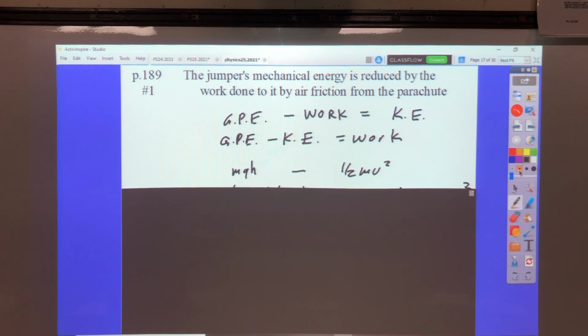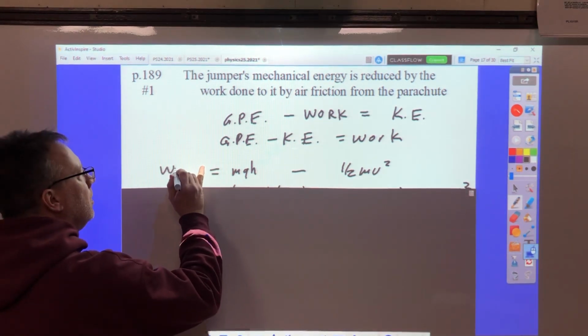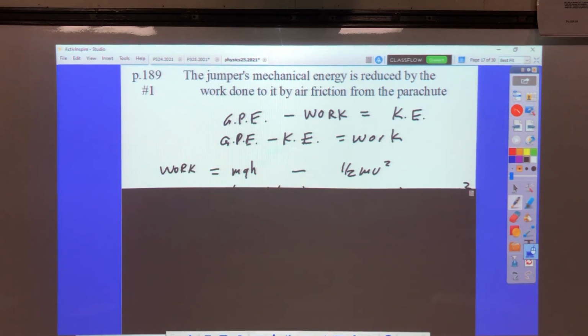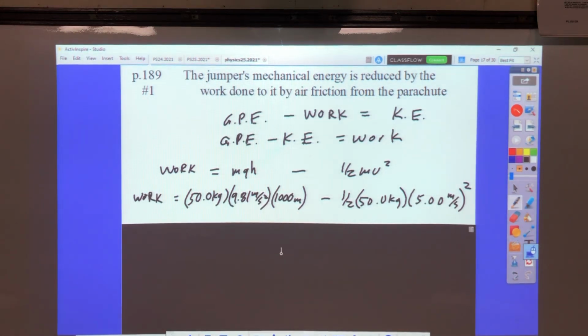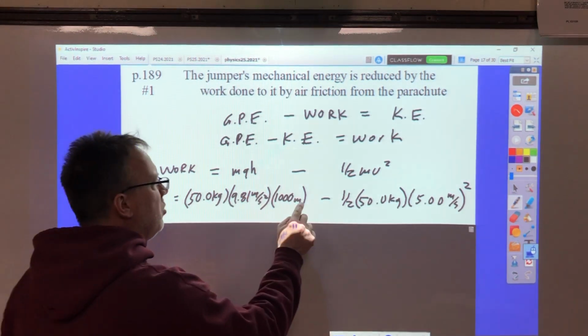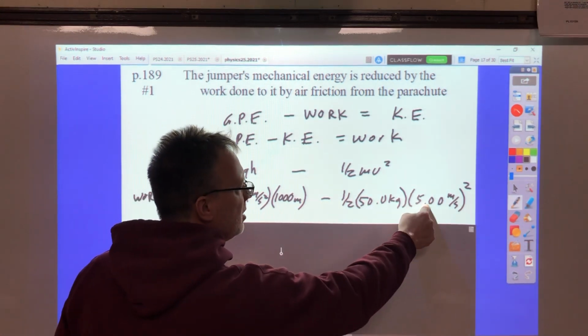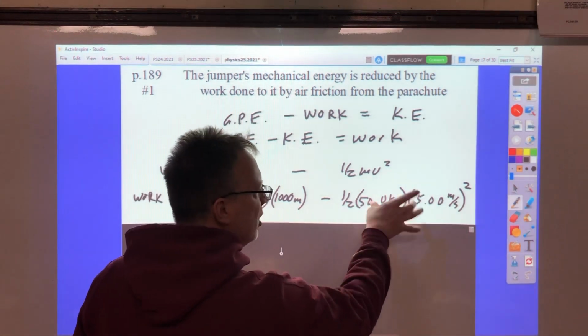Somehow I got distracted. And the work is equal to mgh, 50 kilograms times 9.81 meters per second squared times 1,000 meters. Subtract 1/2, 50 kilograms times 5 meters per second, squared. This number's really big. This number, not so much.